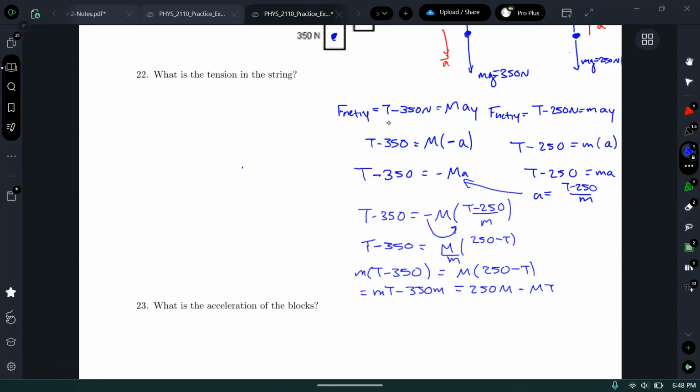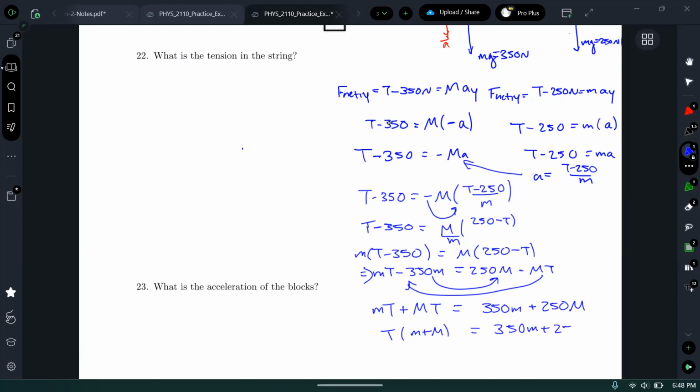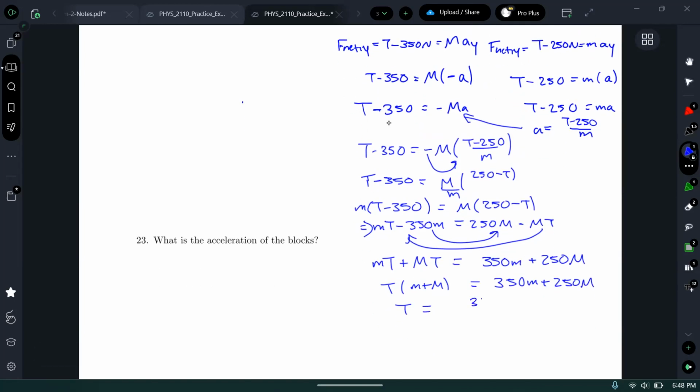And I'll solve for tension. So I'll bring that over to this side and that over there. That's mT plus MT is 350 little m plus 250 big M. Factor out tension from the left-hand side. We're almost there. The tension is 350 little m plus 250 big M over little m plus big M.